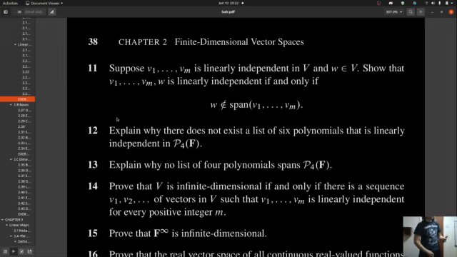Because if W was in the span, then there would be a sequence where W equaled.